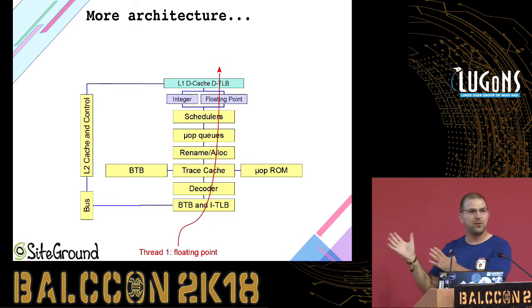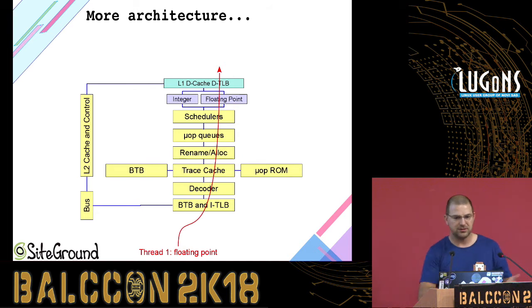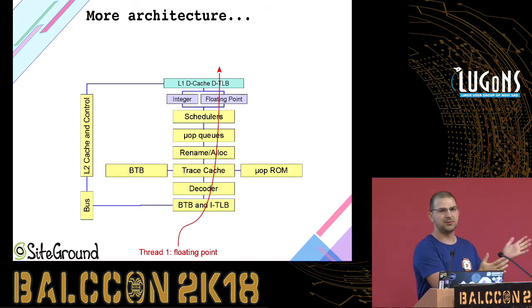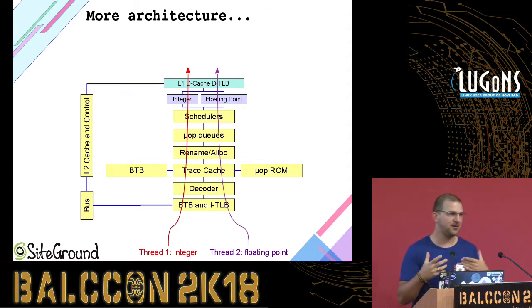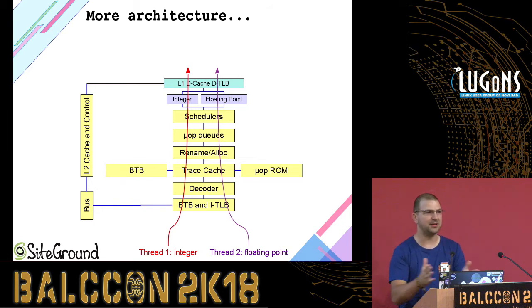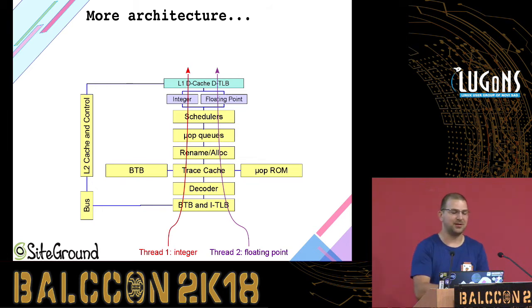It is going through the floating point unit, but at this point, the integer unit is free to execute whatever you want. So if you have instructions that are not all floating point or not all integers, you could actually execute multiple threads at the same time, and this is multithreading.